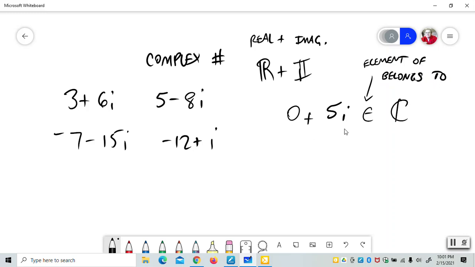So yeah, this guy belongs to the set of complex numbers. What about 33? Looks like a plain real number. But you could say it's 33 plus 0i. So ding, ding, ding, that belongs to complex also.